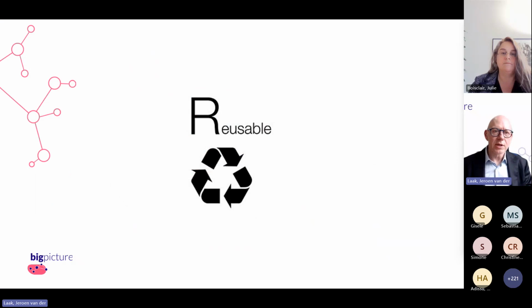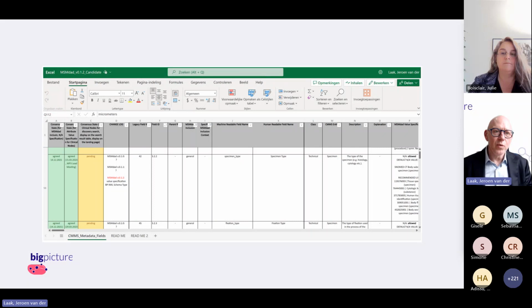Now, reusable, the R of FAIR. Reusable, for instance, means that we established a very extensive metadata standard. So we had a task force on metadata, and with a lot of different stakeholders, different parties, we defined a metadata set, which is on one hand very extensive, so it contains a lot of rich metadata. At the same time, we try to keep it such that it's also feasible for data providers to provide this data.